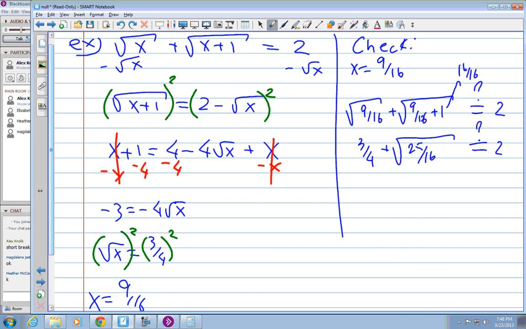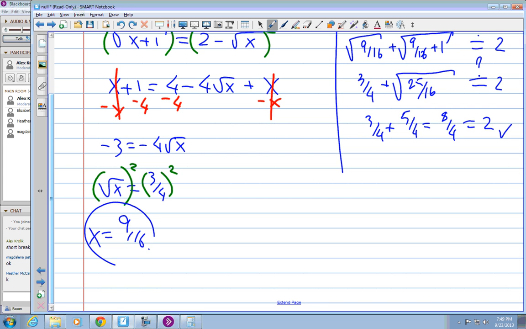If you add 1, yeah, it'll work out. So 3/4 plus square root of that is 5/4, which is 8/4, which is 2. So that checks out. Okay? So the only solution that we got actually worked. Good? Good stuff? All right.